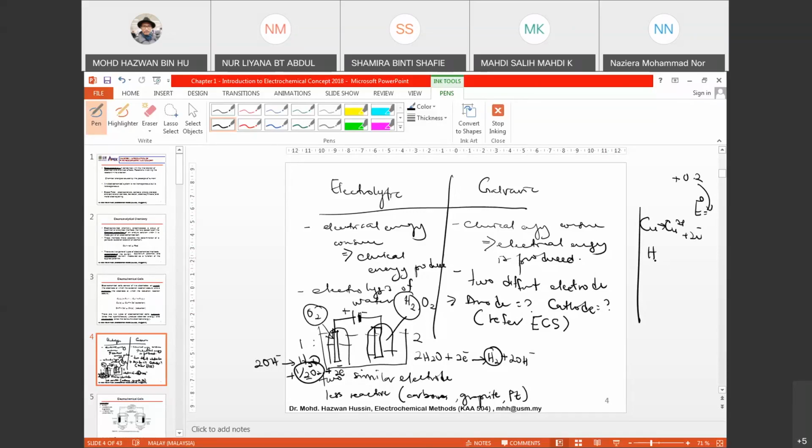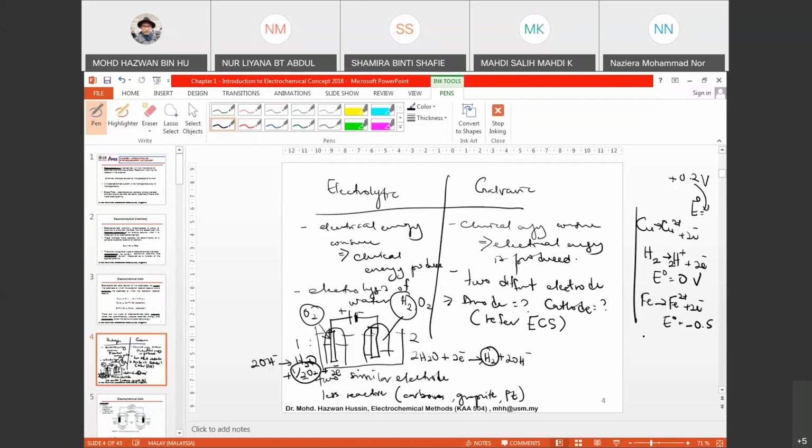Hydrogen, 2H plus 2 electrons. This one, I think the standard potential is equal to 0 volt, and then followed by maybe iron, Fe 2 plus 2 electrons, then standard potential is equal to minus 0.5.